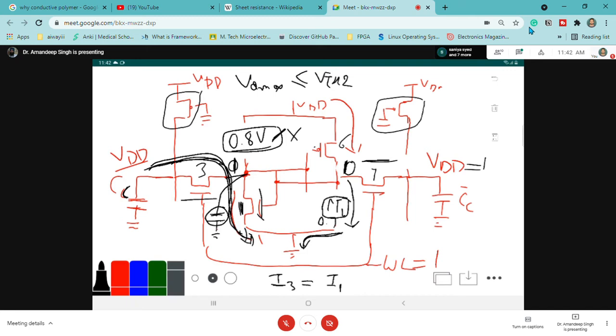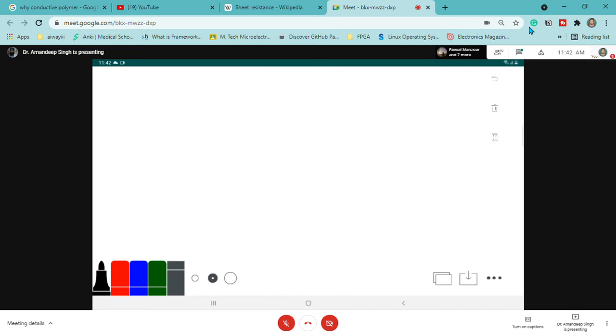M1 will work in linear and M3 will work in saturation. Okay. So I'm just deleting this. I have to write that I M3 is equal to I M1, and M1 is working in linear and M3 is working in saturation.